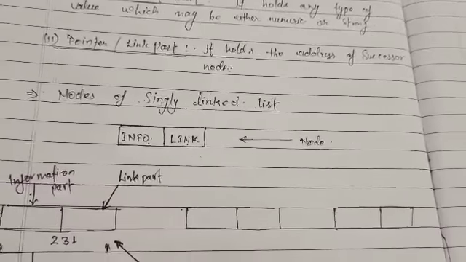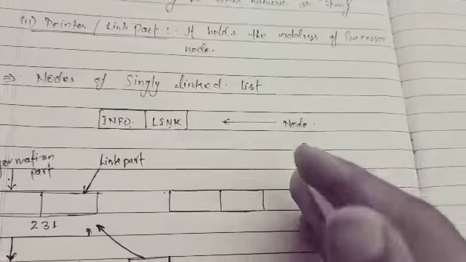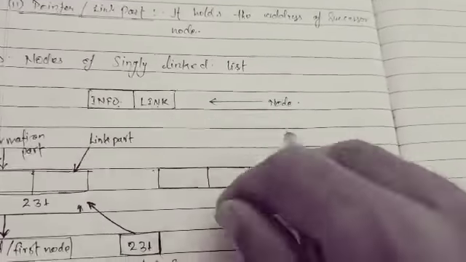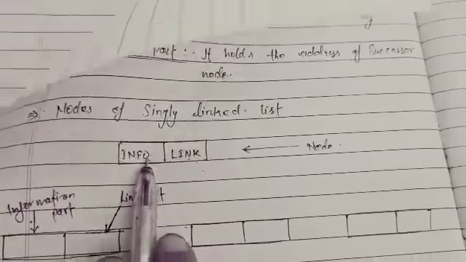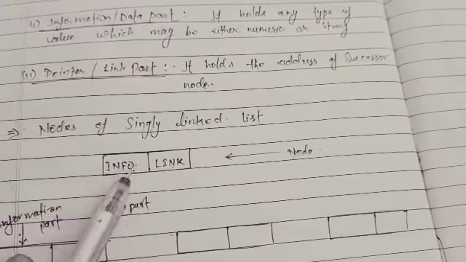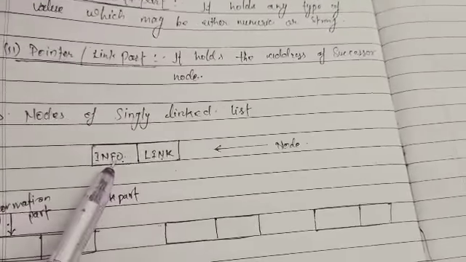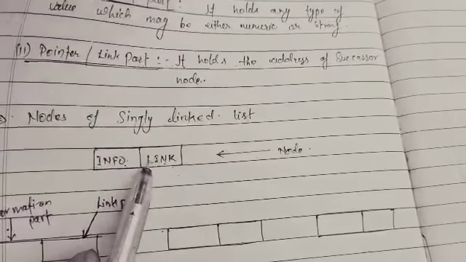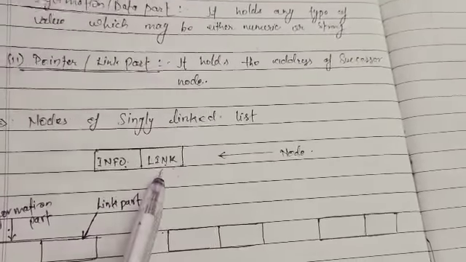As we know, a node of the singly linked list is divided into two parts. The first part, written as info, is actually the information part. And the second part, written as link, is actually the link part.